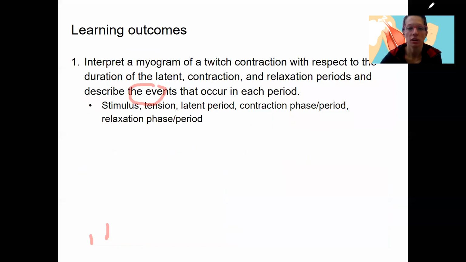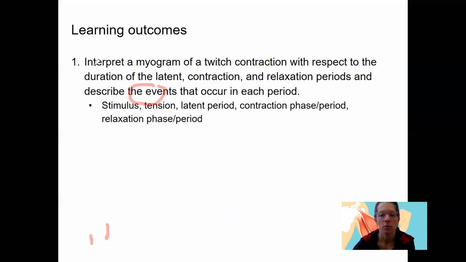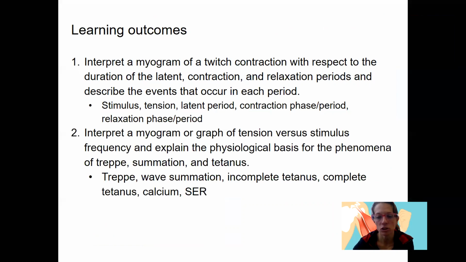Okay, so what we've just done is interpret a myogram of twitch contraction with respect to the duration of those different phases that we just talked about, latent, contraction, and relaxation phases. Then we also interpreted a myogram of tension versus stimulus frequency, so stimulus frequency being the difference here as opposed to just one single stimulus.